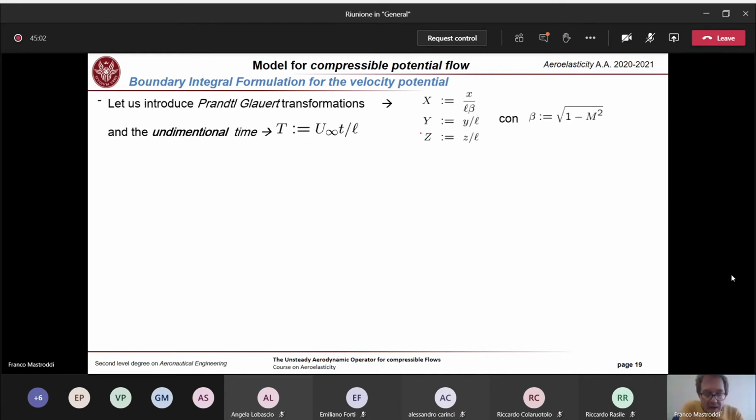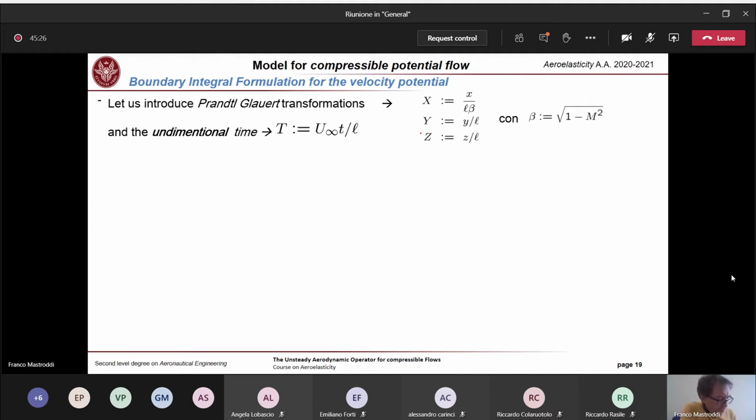However, how can we transform this differential equation into an integral equation? Okay, this is a very key point in aeroacoustics, for example, and any other field of unsteady aerodynamics.